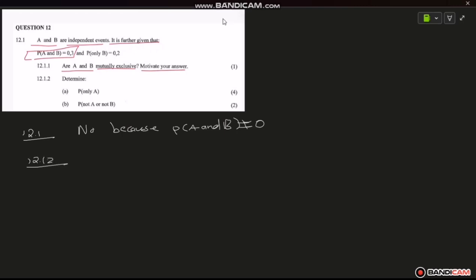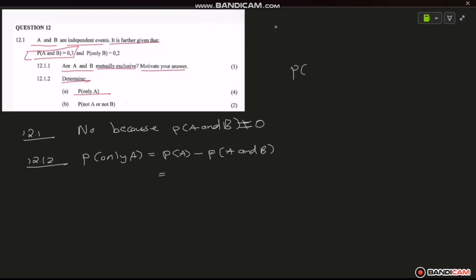Then 12.12. Determine P only A. So P only A, you can write that formula and see if it's going to favor us. P only A equals P of A minus P of A and B. Then do we have P of A? We don't. We only have P of A and B, meaning it will be impossible for us to find P only A, because we have another unknown probability, which is P of A. Therefore, let's try to use this one.